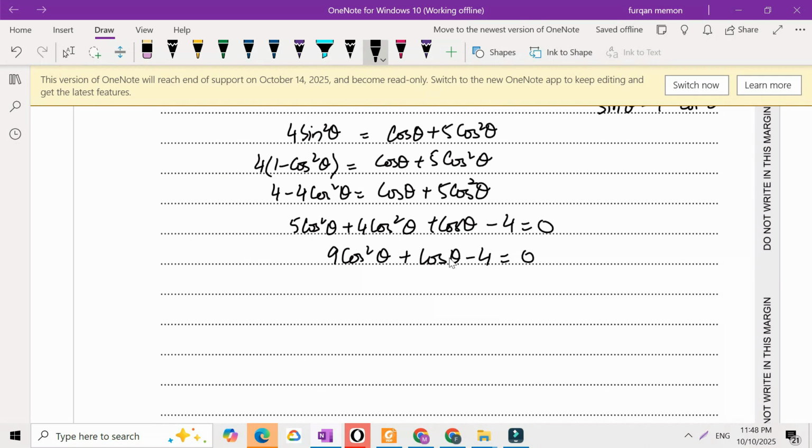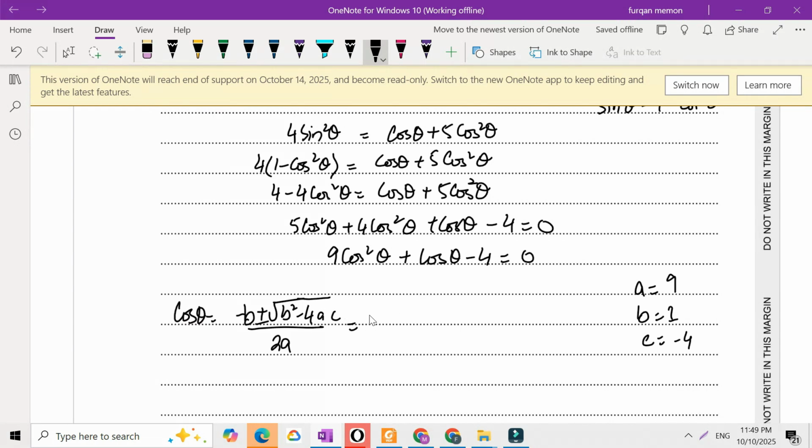And this will be equal to 9 cos square theta plus cos theta minus 4 equals 0. This is a quadratic equation in which A equals 9, B equals 1 and C equals negative 4. So cos theta equals negative B plus minus the square root of B square minus 4AC, over 2A.